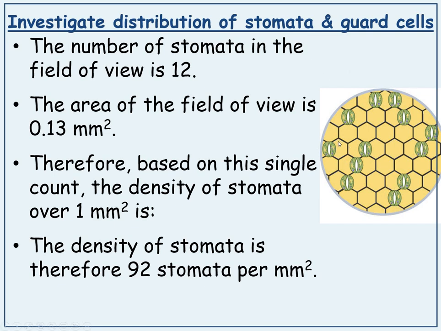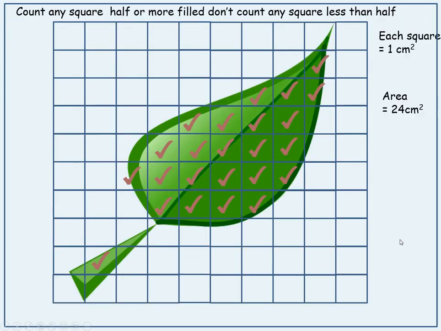So you've got 12 stomata in 0.13 millimeters squared. But you usually want to know how many there are per 1 millimeter squared. So you do 12 divided by 0.13 and you should get 92 stomata per millimeter squared.